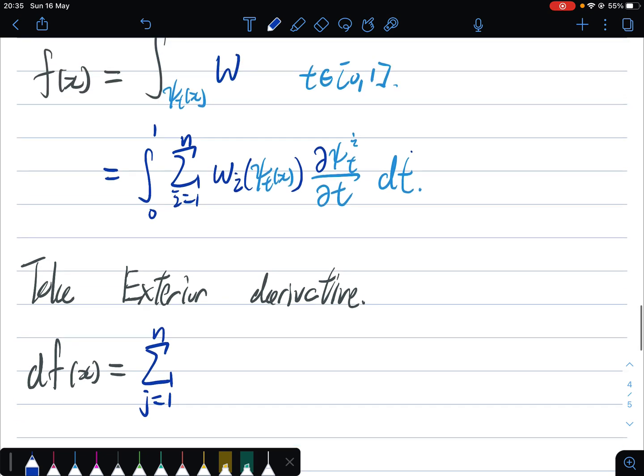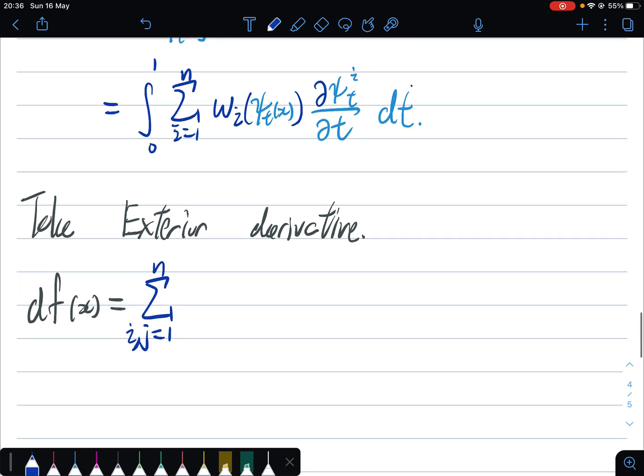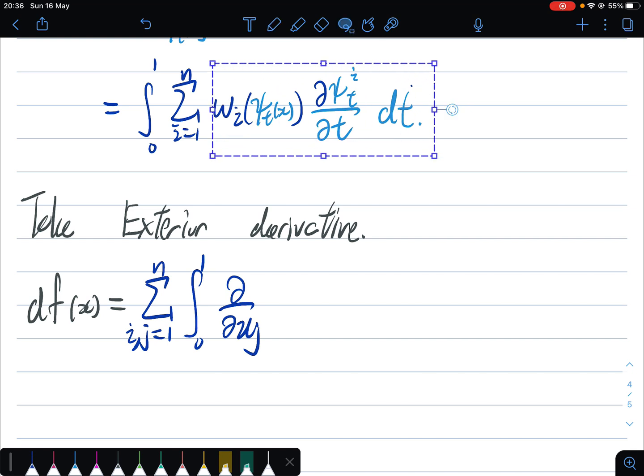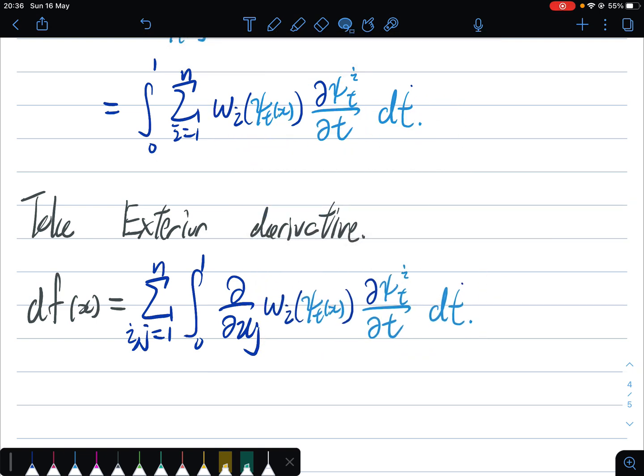Since the sum is finite, we don't need to worry about taking this summation out of the integral. So we put the sum over i outside, and then differentiate everything in this integral by uj, and then duj.